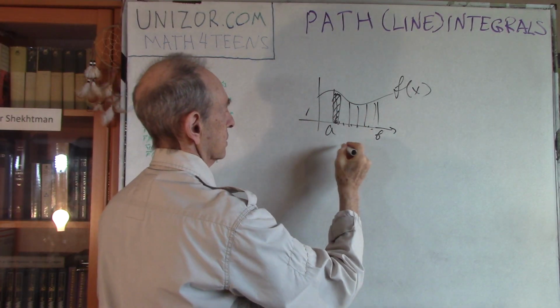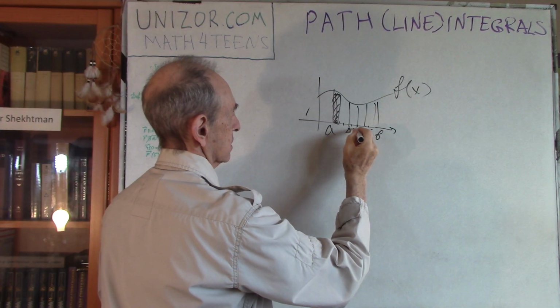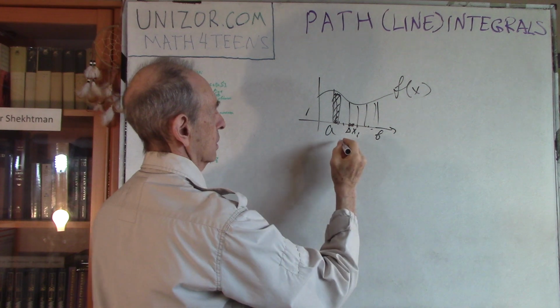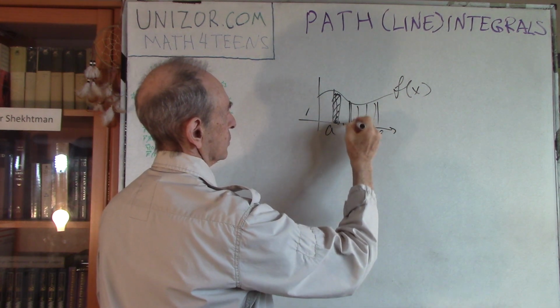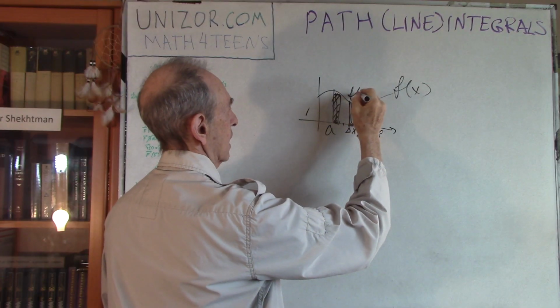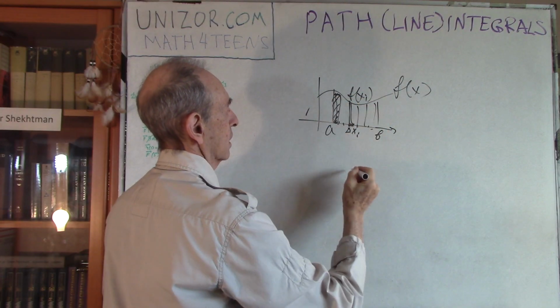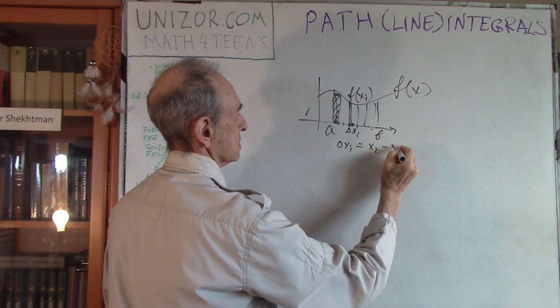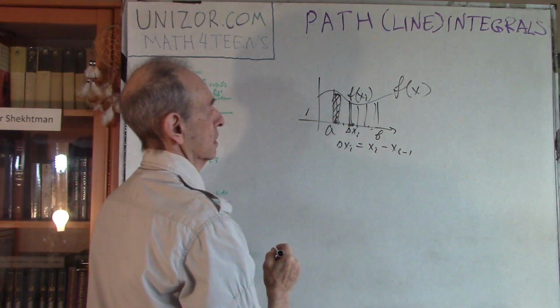We multiplied, if this is delta xi, this little segment, a small one, and the value of the function was, let's say on the left side of this interval, f at xi, and delta xi was actually xi plus one minus xi.